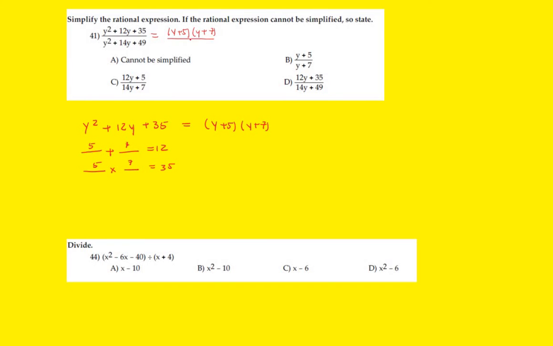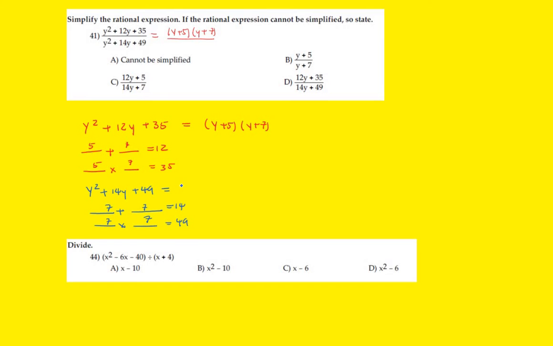Now we go here and we have to factor this one. Let's use a different color. This one is y squared plus 14y plus 49. This looks like a perfect square trinomial. Which two numbers add up to 14 and multiply to 49? It is a perfect square trinomial because 7 and 7 is 14, and 7 times 7 is 49.